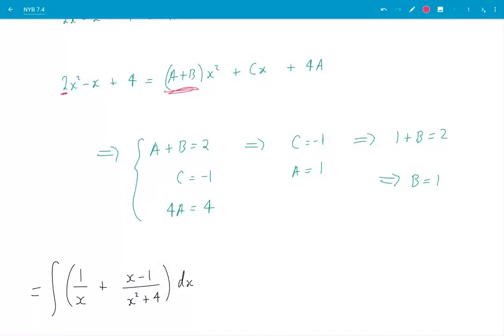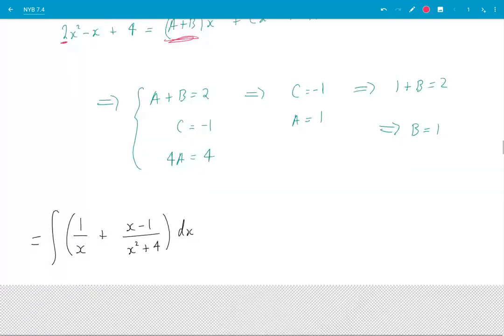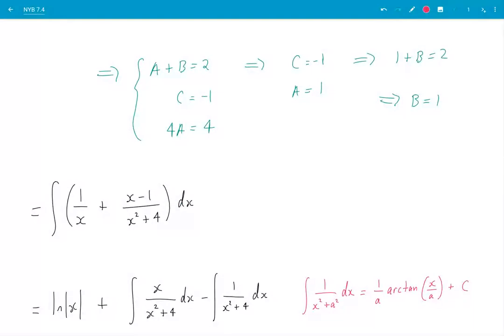So I can rewrite my integral. First term is easy. Second term is a bit of a sticky wicket. You have to break this up into 2 pieces. Okay, so I'm breaking this fraction up into 2 pieces. Okay, the x and the 1 on top.